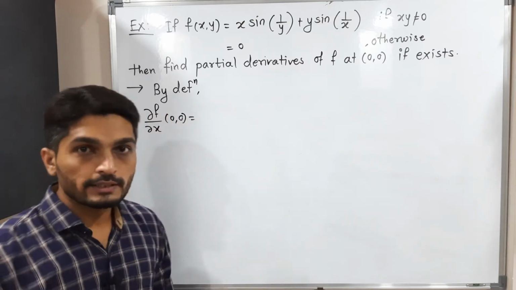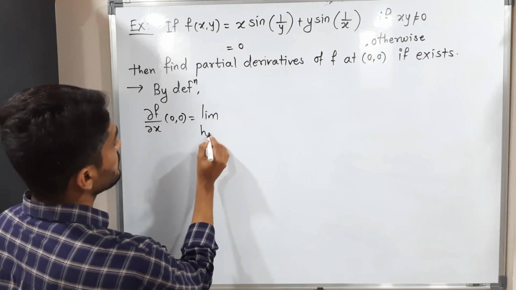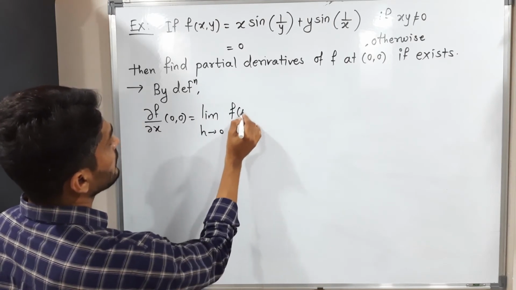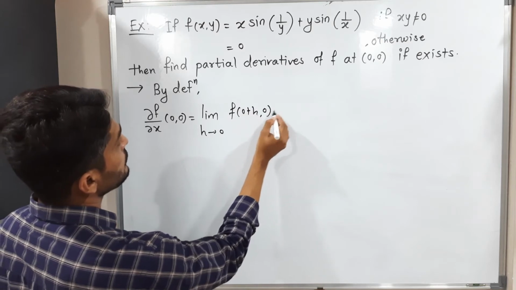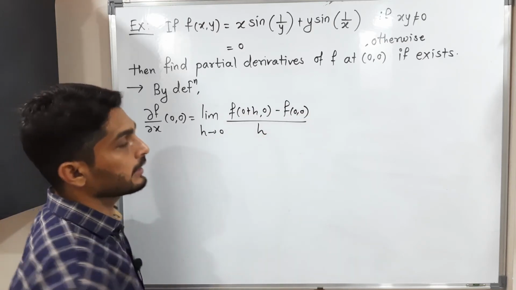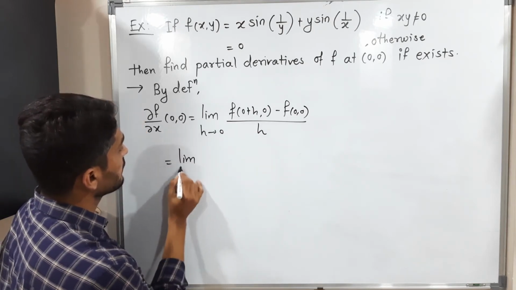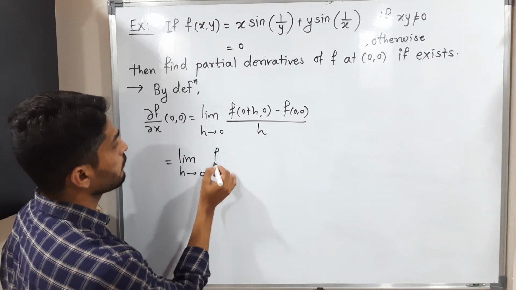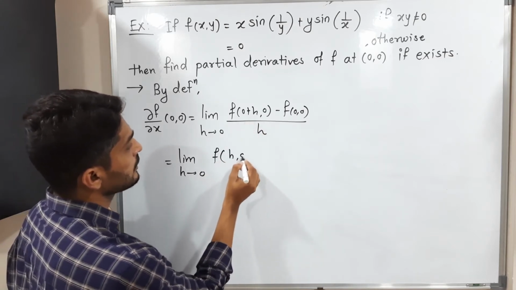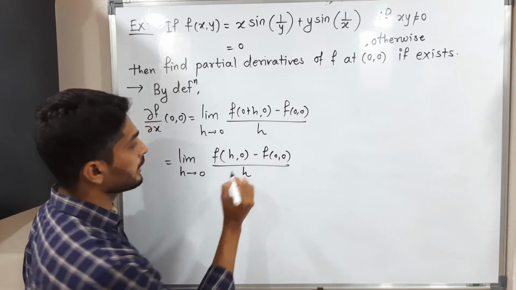Definition is limit h tends to 0, f of 0 plus h, 0 minus f of 0, 0 divided by h. This is equal to limit h tends to 0, f of 0 plus h is h, 0 minus f of 0, 0 divided by h.